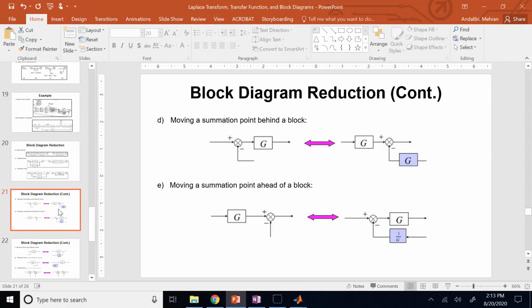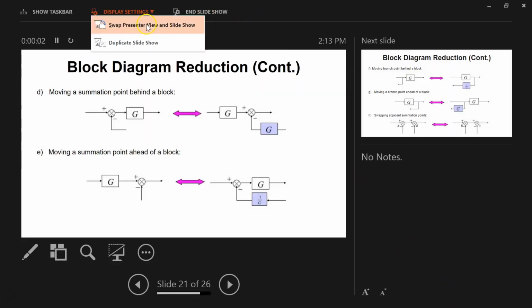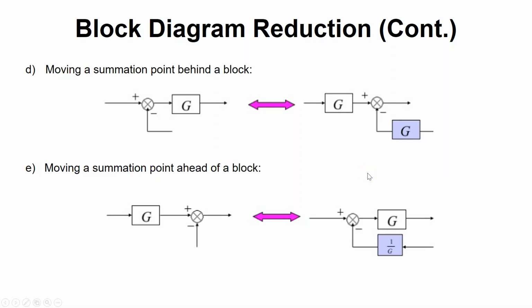Now, a couple more things. These are a little higher level, but sometimes we might need them. Like what? Sometimes you want to move a summing point, a summation point, behind a block or ahead of a block. What does that mean? So here you see this summing point is to the left or behind G. Now what if I move it to after G?